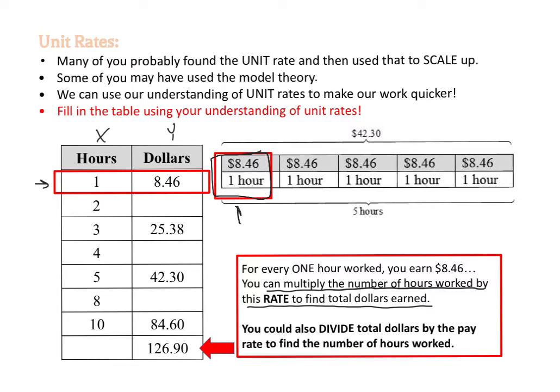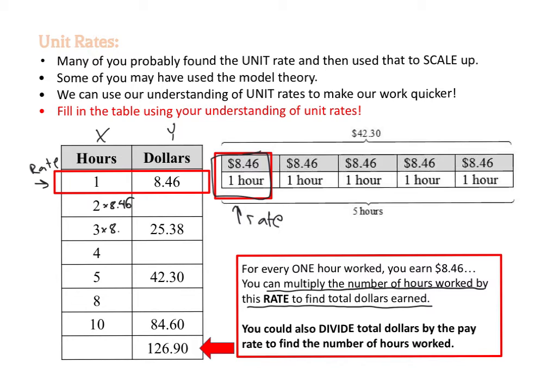So this is our rate. So what that means is if our rate is $8.46, then we can multiply 2 hours by $8.46 to get how much money that is.